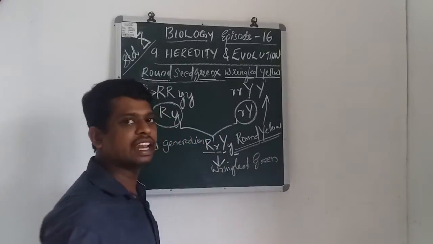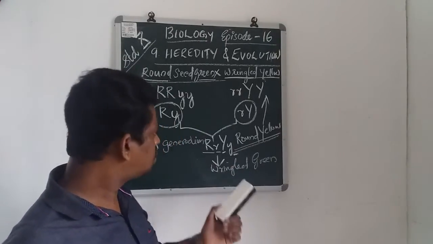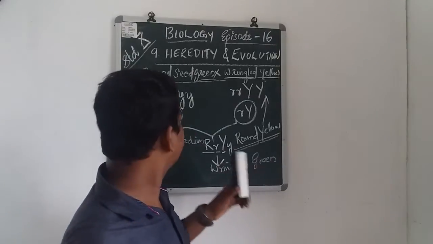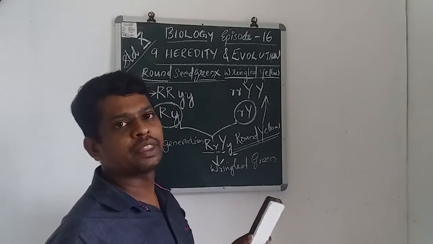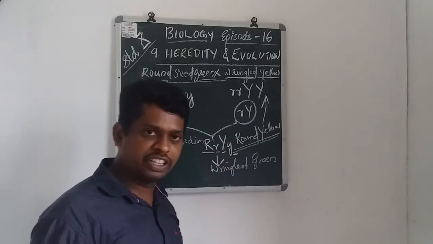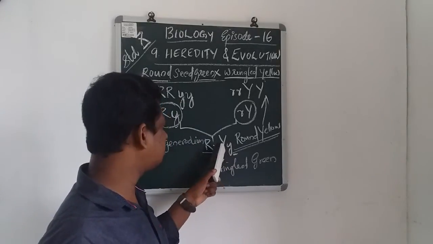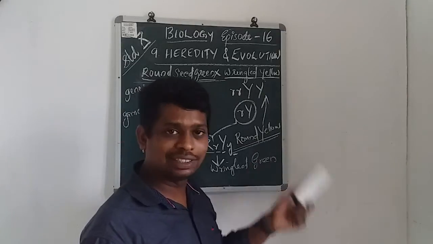The suppressed characters are wrinkled and green. So according to the law of dominance, when two contrasting characters are crossed with each other, one character is expressed and the other is suppressed. That means one is dominant over the other.